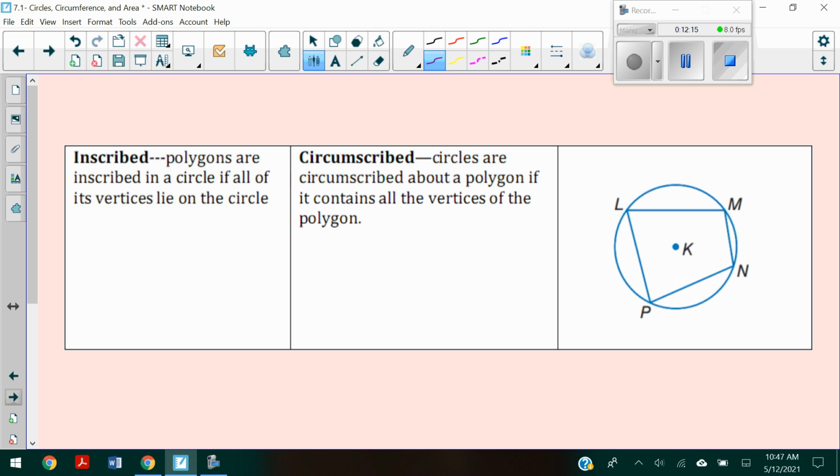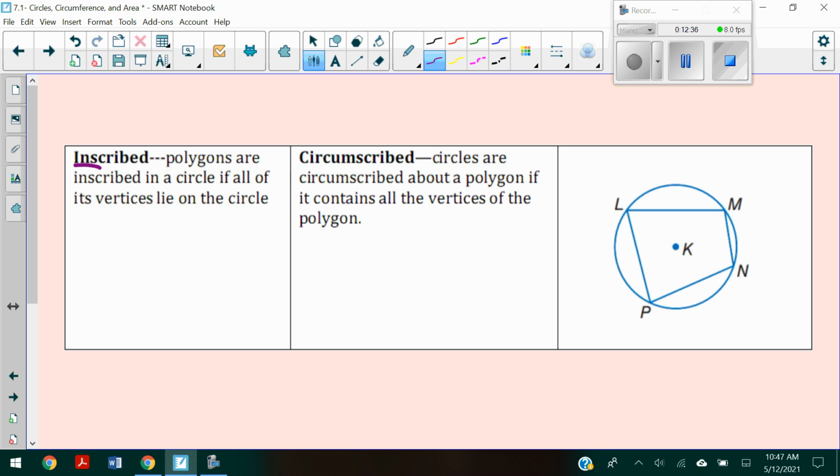Okay, so we saw a few of those circles inside squares, and so those are inscribed circles and polygons. So polygons are inscribed in a circle if it's inside the circle. So inscribed means that all of its vertices lie on the circle.